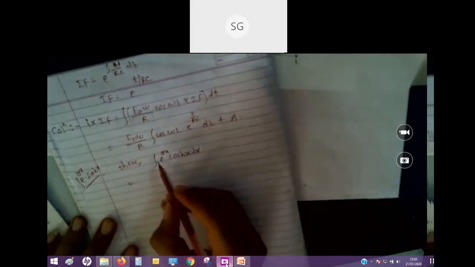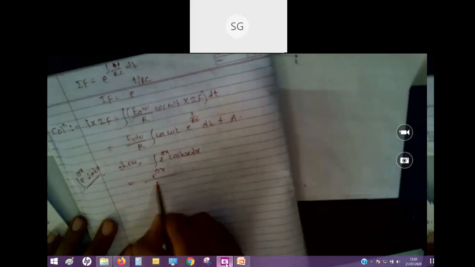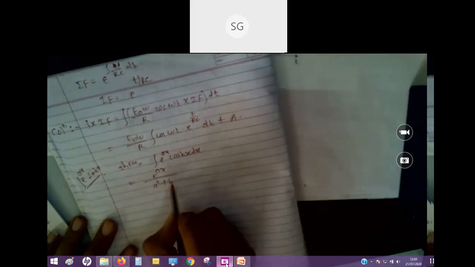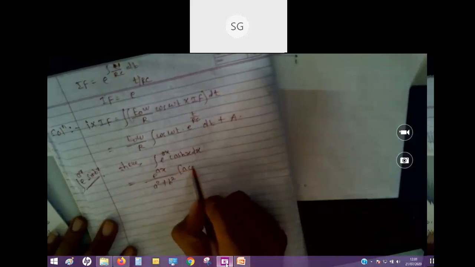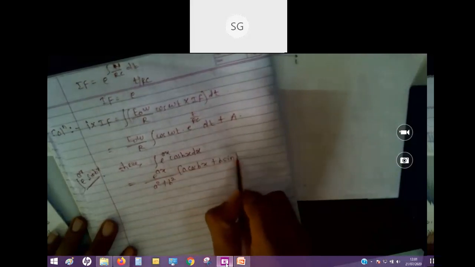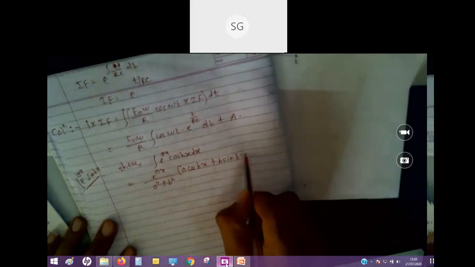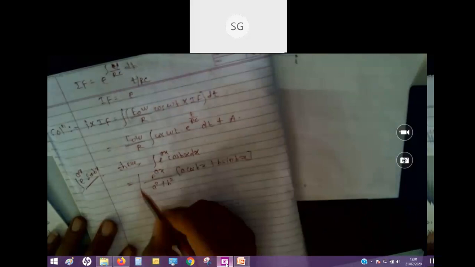The formula is e raised to ax upon a square plus b square, into the bracket a cos bx plus b sin bx. This is the formula. I have told you to revise such formulae.